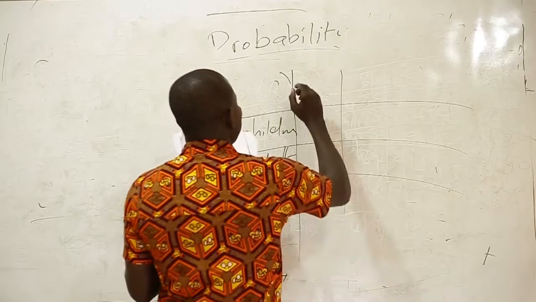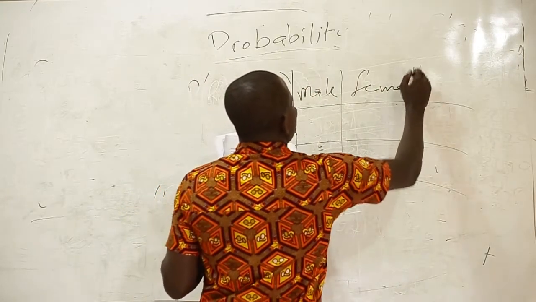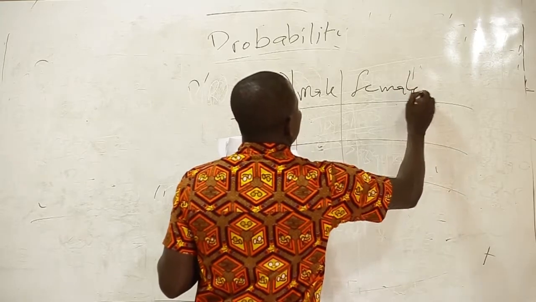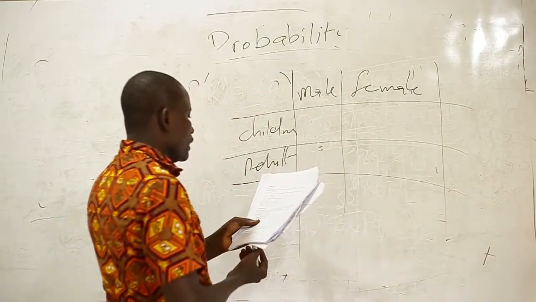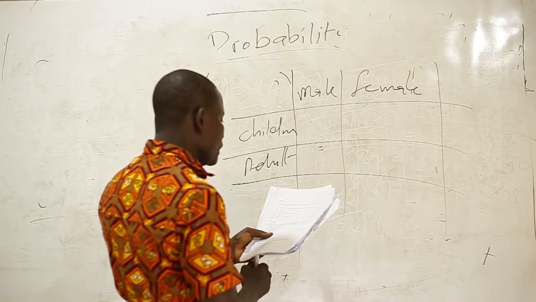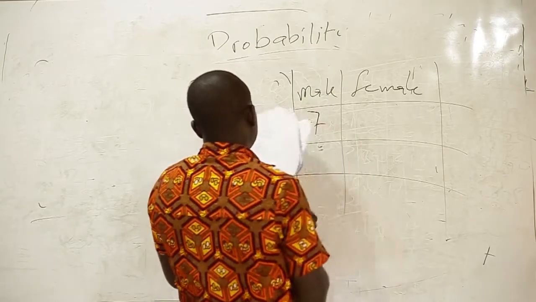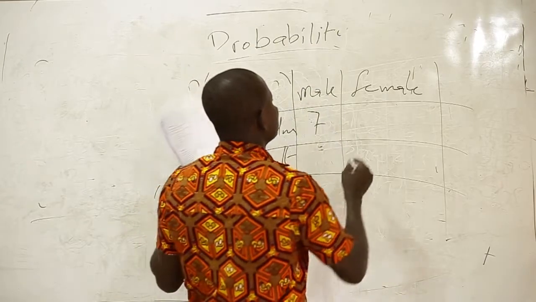Adult. Then here is what? Male, female. Here we speed up a little bit, okay? Because you've now understood. He said a household consists of 7 male children. So male children, they are what? 7. And 8 female children.